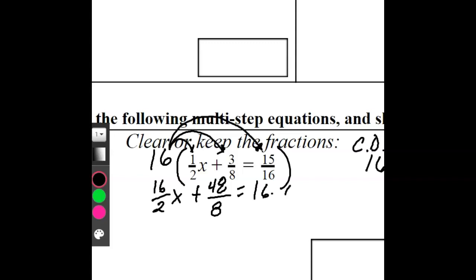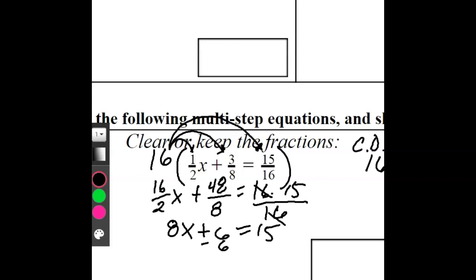And then 16 here. I have 16 times 15, and I'm not going to multiply that out because I should know that if I have the same number on the top and bottom, they cancel. So my 16s here cancel. Right? Over here I can simplify. So I'm left with 8x plus 6 equals 15.